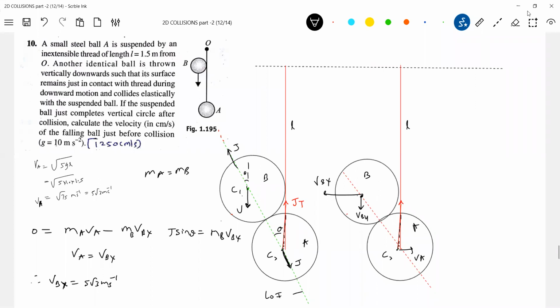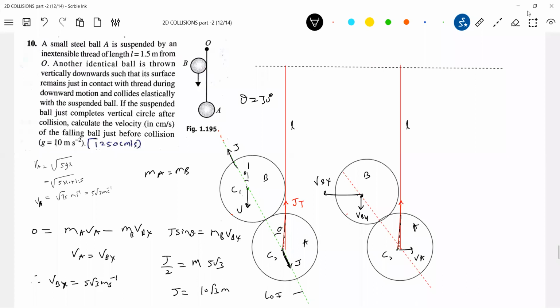From this, I know theta. Theta should be, I think, r by 2r. Theta should be 30 degrees. Am I right? Yes, sir. Theta is 30 degrees. So J by 2 equals M times 5 root 3. So J is equal to 10 root 3 M.